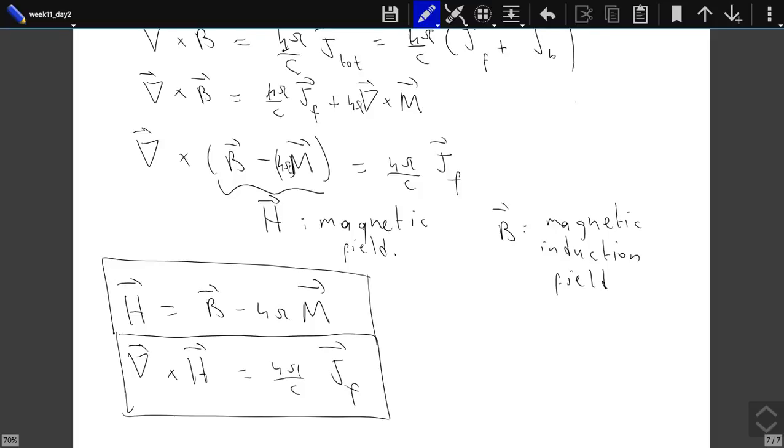Well, if you make the analogy with electrostatics, there what we had done was we had this material, we put it in an electric field. This electric field is either created by the charges we put in the system, or it can be an external electric field. It doesn't really matter. Whatever the origin is, you are creating an electric field by the charges that are not already in my system.